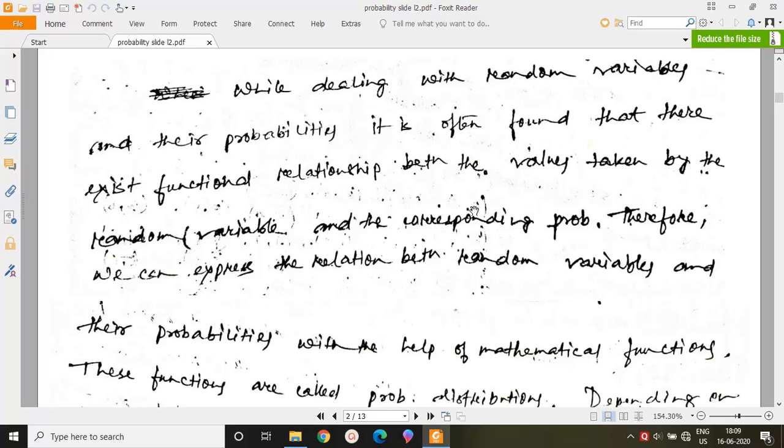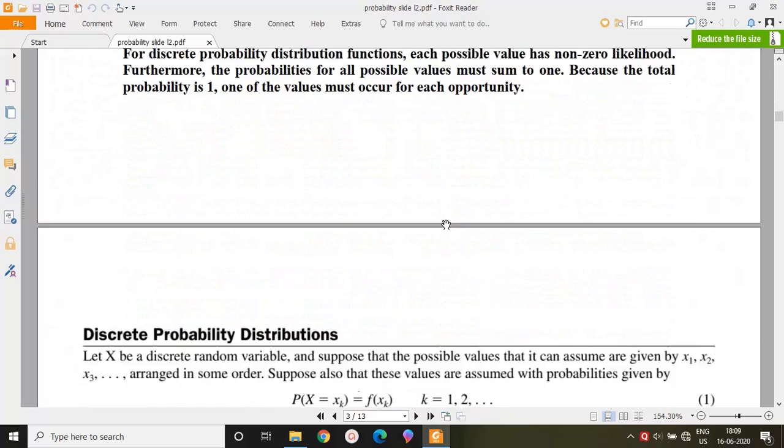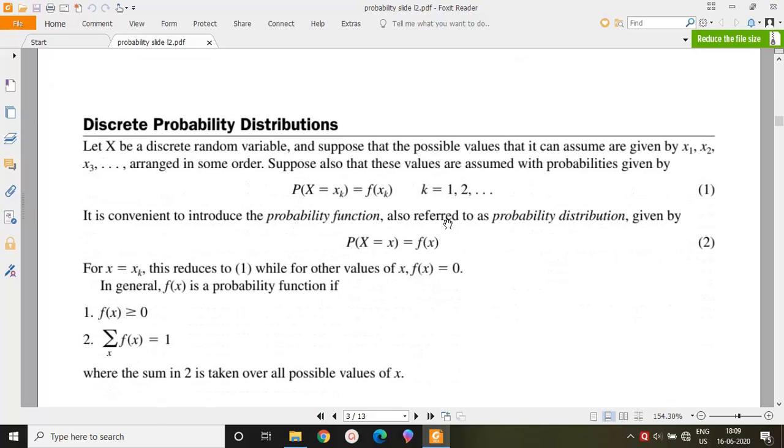That functional relationship is simply your probability distribution. To illustrate, let us go down and show you this.